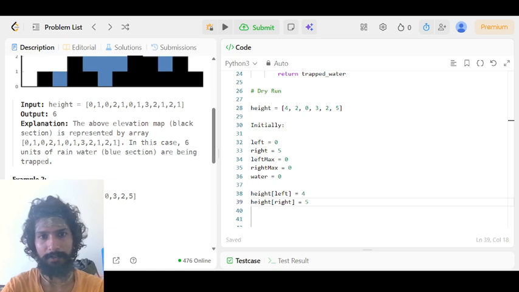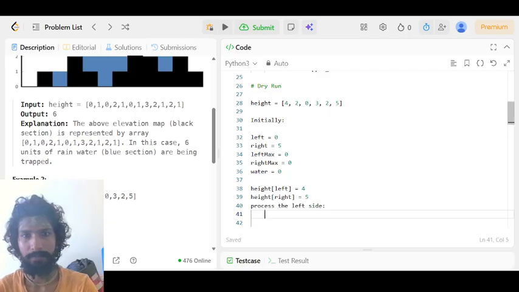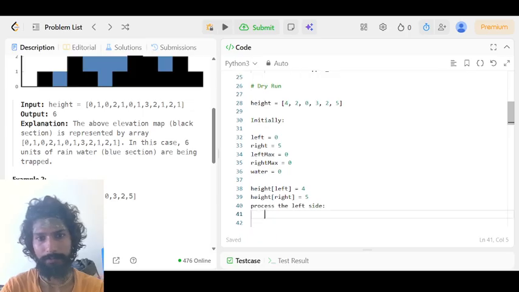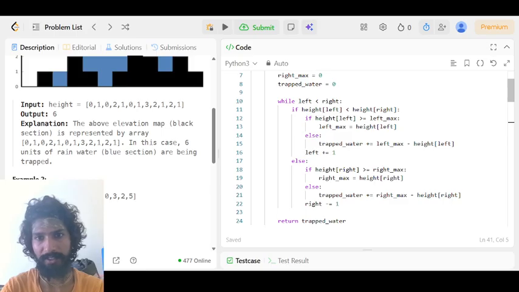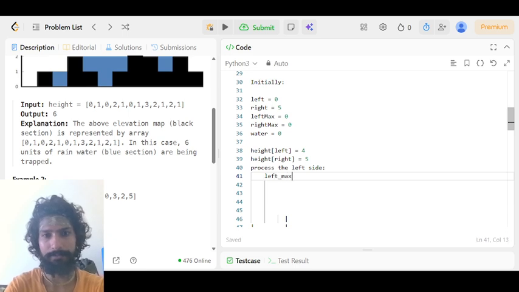And since 4 is less than 5, we process the left side. Then we see that height of left is greater than or equal to left max. So we go inside this and update our left max. So our left max will become equal to 4 and left will increase by 1, equals 1.